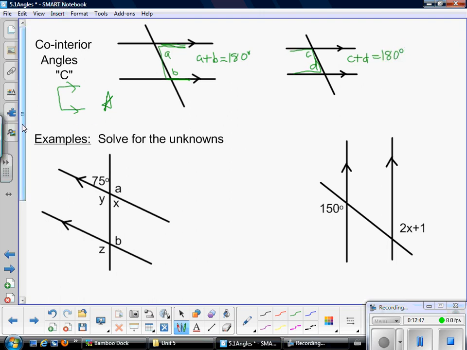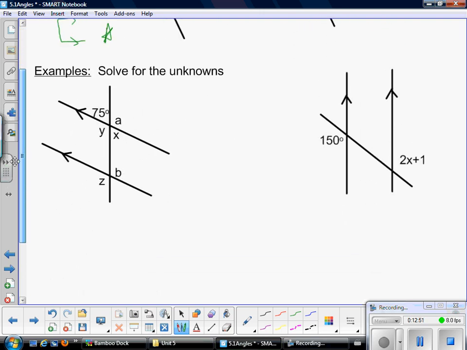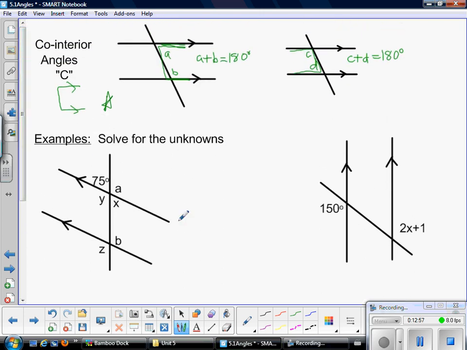Now, one thing about dealing with any of these types of questions: take the picture, and if you notice, for instance, in my examples here, I've changed the orientation of where the parallel lines are. So if you can't see right away those patterns, the X, the C, the Z pattern, or the F pattern, you can actually turn the page.